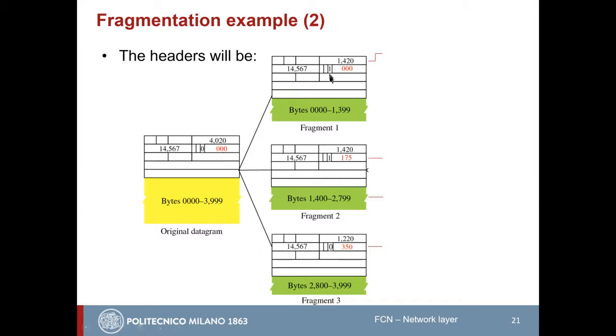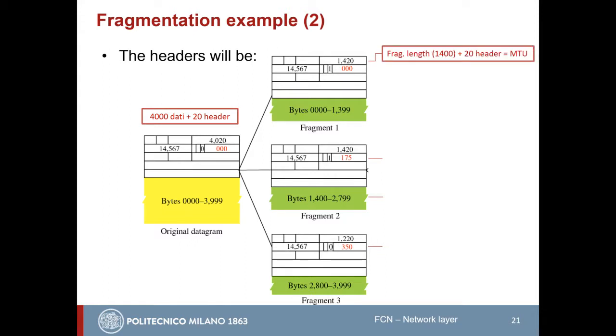Then these are the 3 fragments that are generated. You can see that all the 3 fragments have the same ID because they originate from the same datagram. The first 2 have more set to 1, the last one has more set to 0. And the values of the fragment offset are the ones that we have calculated before.